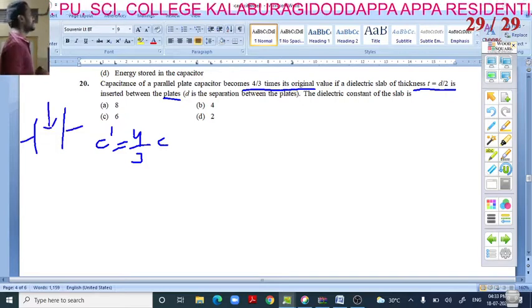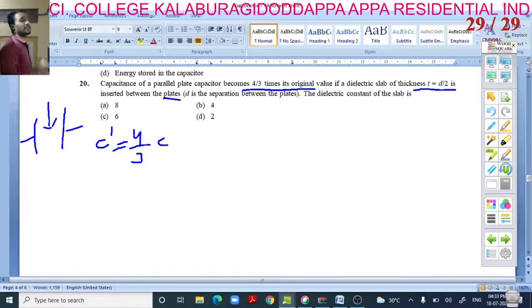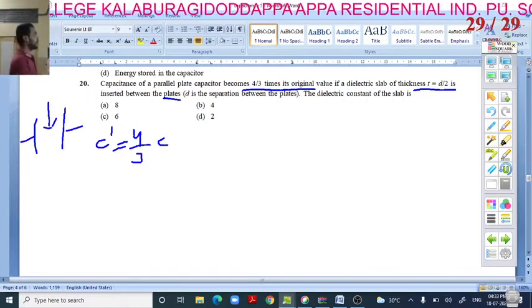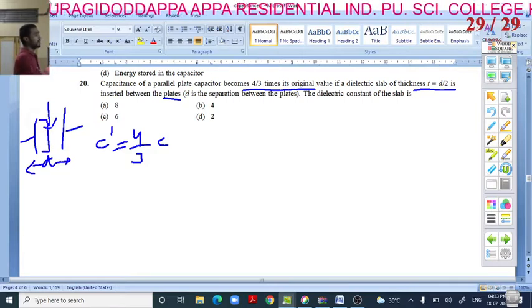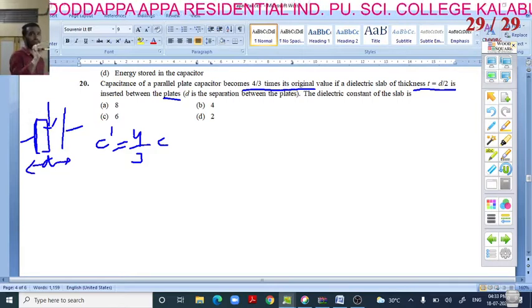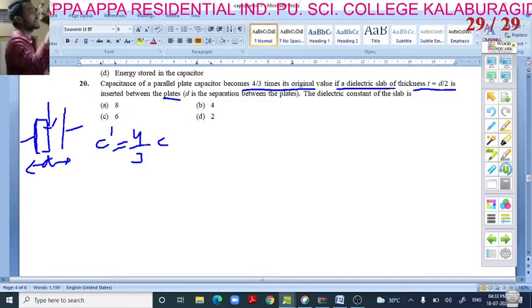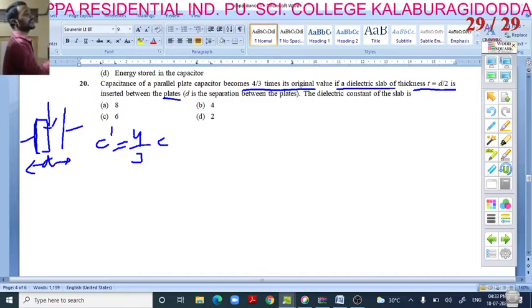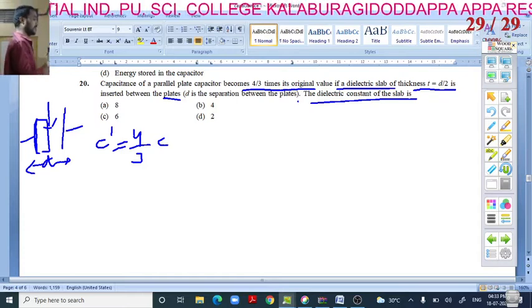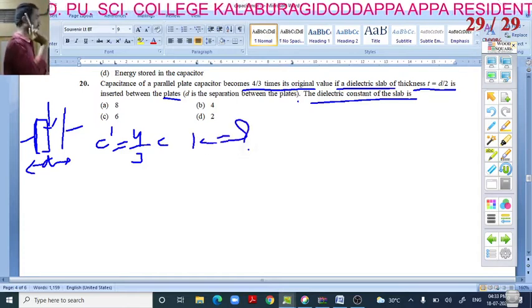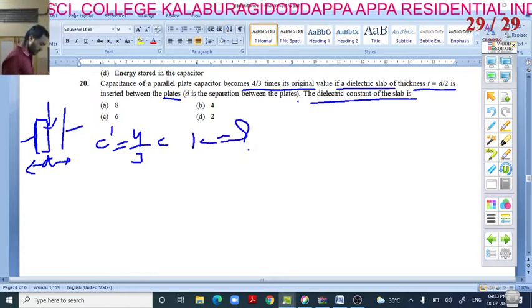That thickness is d/2. If d is the distance between the plates, d/2 means half of the space between the plates will be filled by this dielectric slab. So d is the separation between the plates. He has given, the dielectric constant of the slab K is equal to question mark.